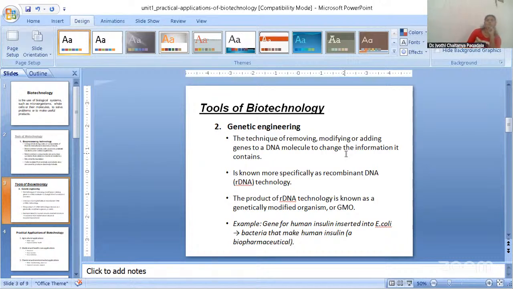It is also specifically known as recombinant DNA technology, or rDNA technology. The product of rDNA technology is known as a genetically modified organism, or GMO. For example, the gene for human insulin inserted into E. coli, a bacteria, makes human insulin, a biopharmaceutical product.